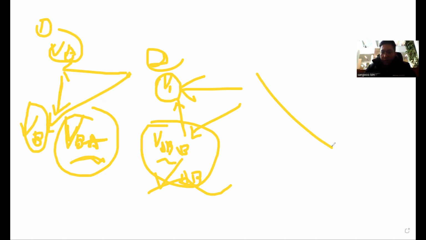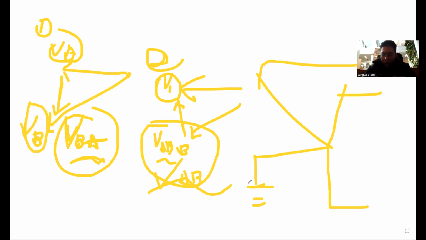So let's look at this. This is a Y wiring, and this is a neutral. Don't worry about it. You guys don't even know the neutral right now. I'll explain later, okay? So this is A, B, C, okay?